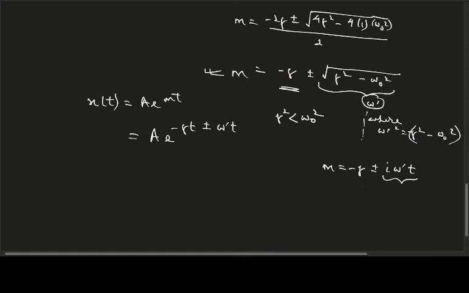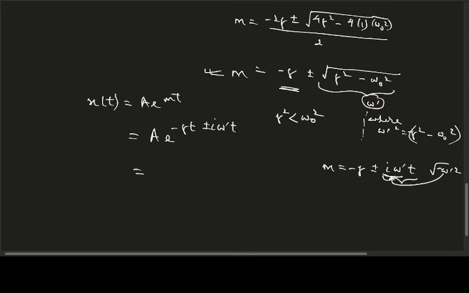This we have already seen when we were solving the free oscillation equation. As it is root under minus omega prime square, it becomes minus i omega prime. So you have plus minus i omega prime t over here.